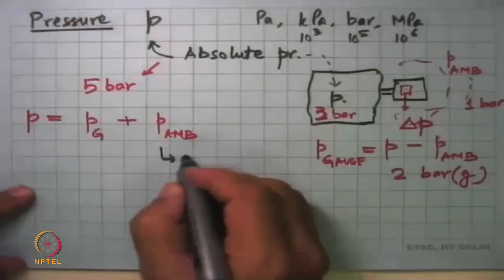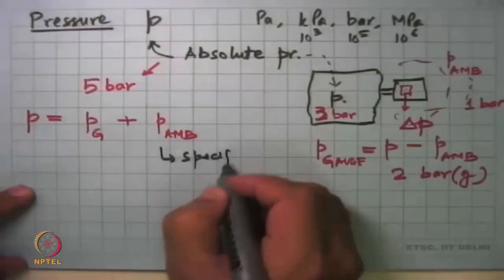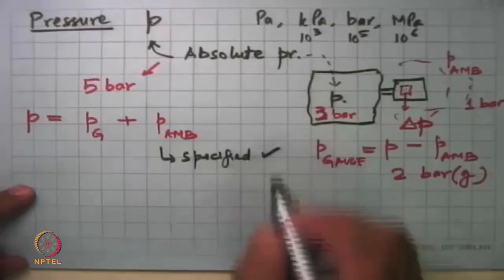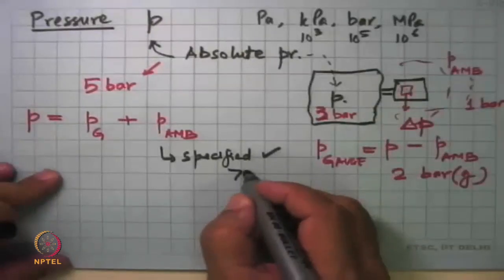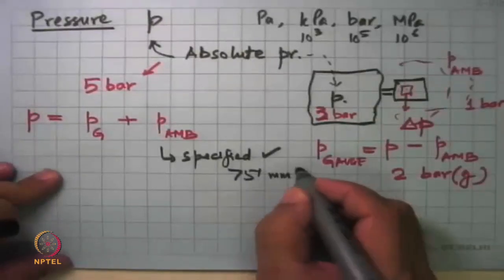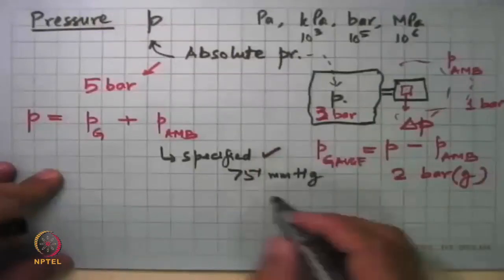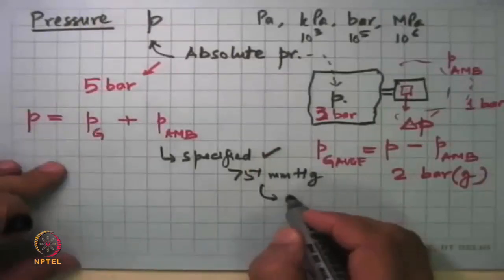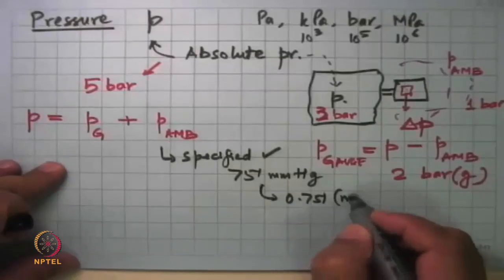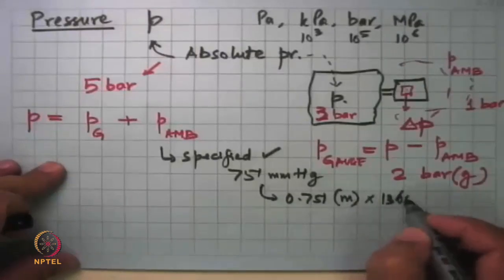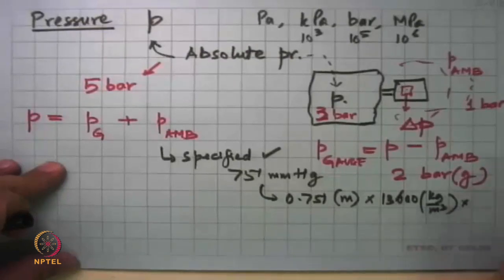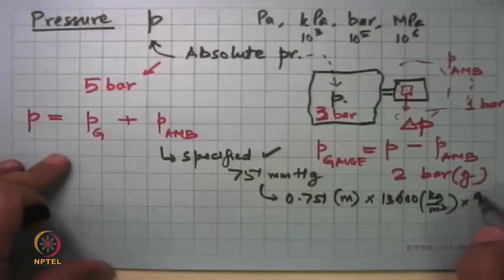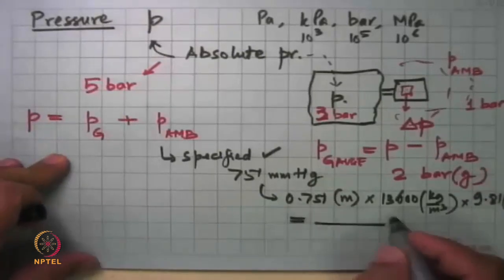So if in the problem it is specified, you take that value. So somebody says the gauge pressure is 751 millimeters of mercury. You take that, and to make it into an SI unit, we multiply this by the density of mercury into 9.81. And this will tell us what is the pressure in Pascal.